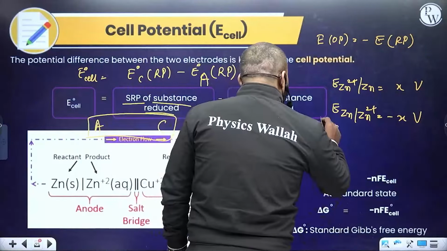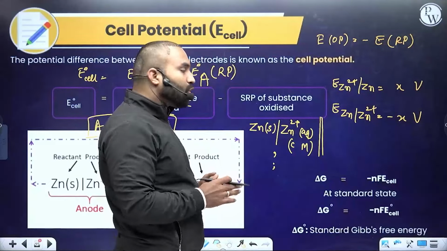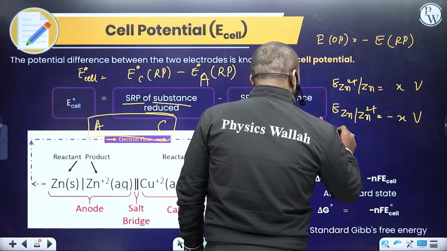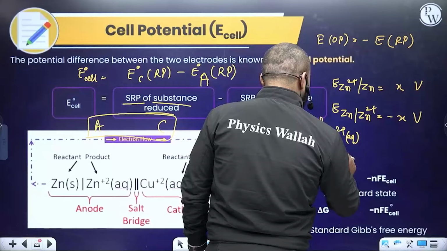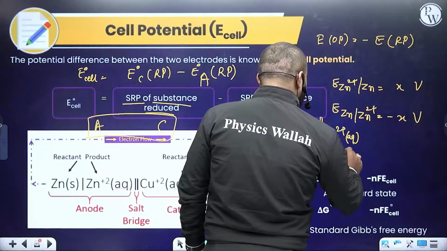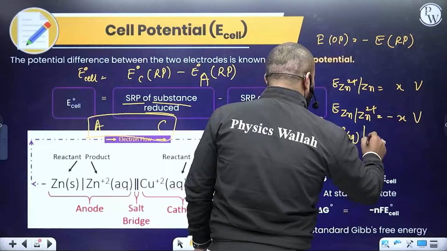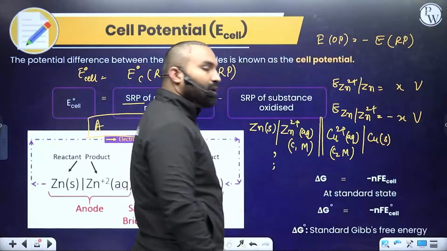Now, you need to put a double line which represents the salt bridge. Now, you need to mention the copper 2 plus species, aqueous. Write down its concentration. Let's say it is C2 molar, and then separate it with a single vertical line from the other phase of copper, that's copper solid.